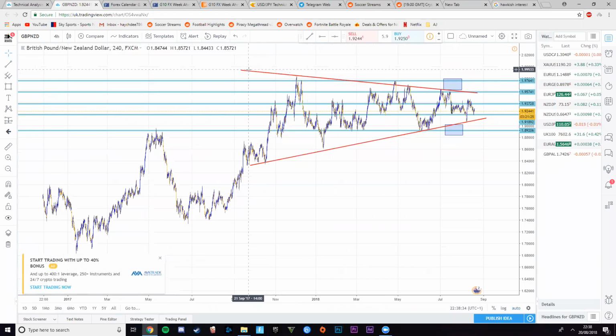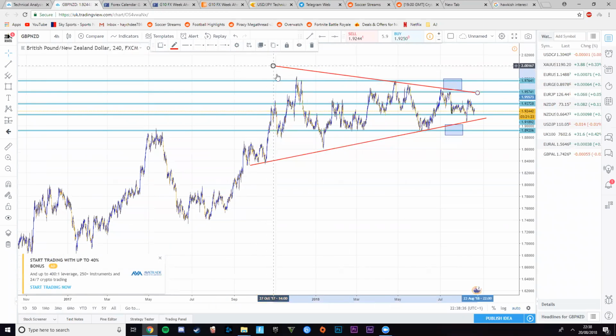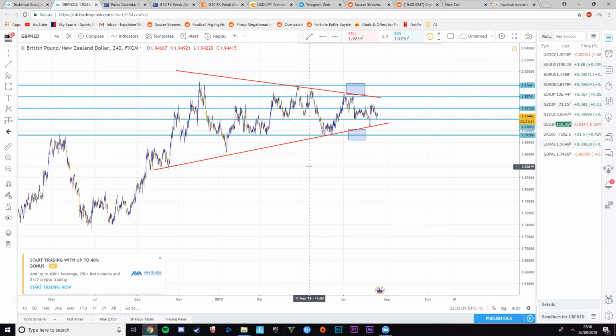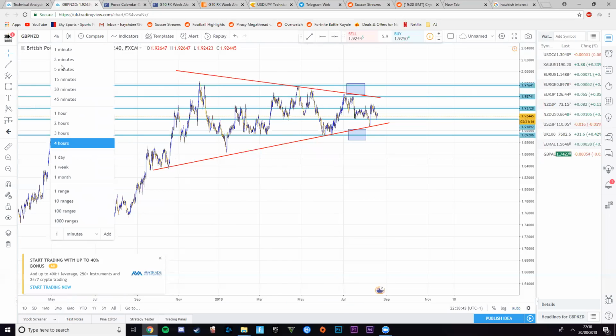You can see kind of a wedge being created there on a H4. We'll probably see it bounce out, ascending or descending. It could break out either way. Let's see a daily.